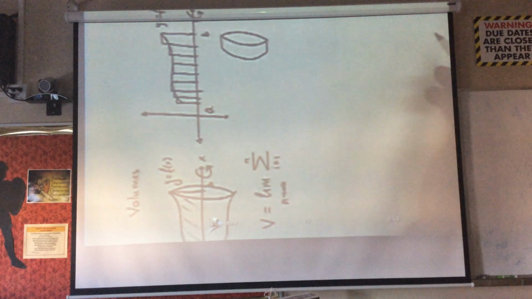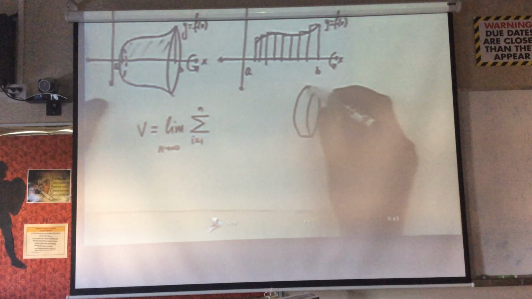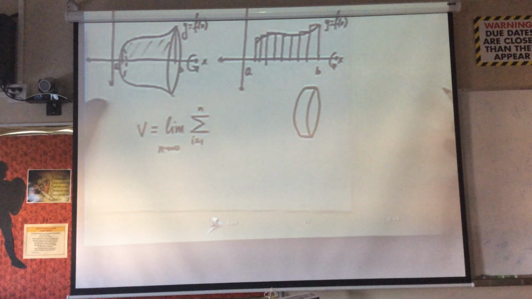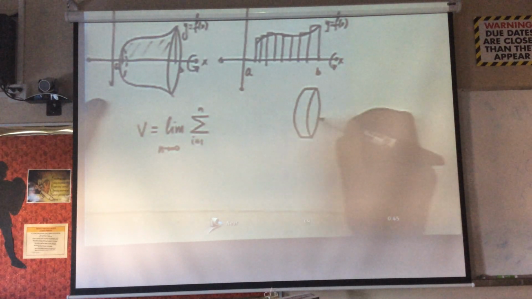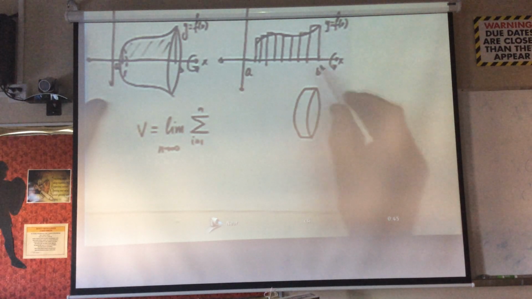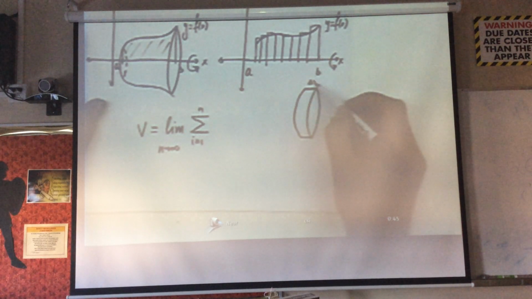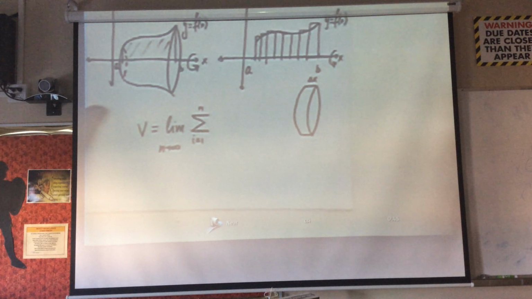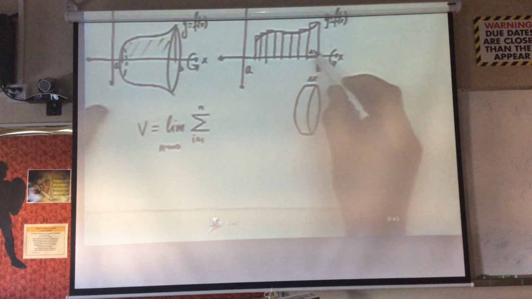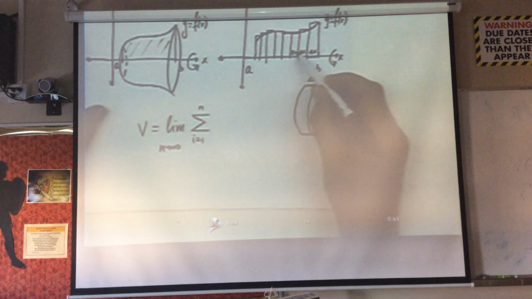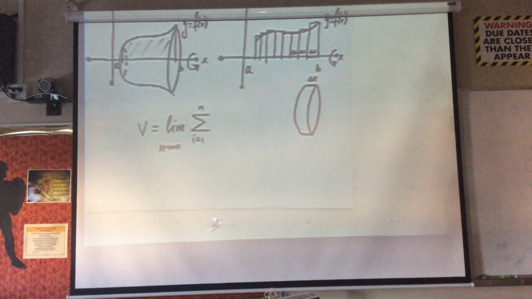I know it's flat, but it's still a cylinder. Now it's a cylinder on its side, but the height is still over here. This is the height, and these are the bases. And each piece over here is still delta x, delta x, delta x. So delta x is the height of the cylinder.